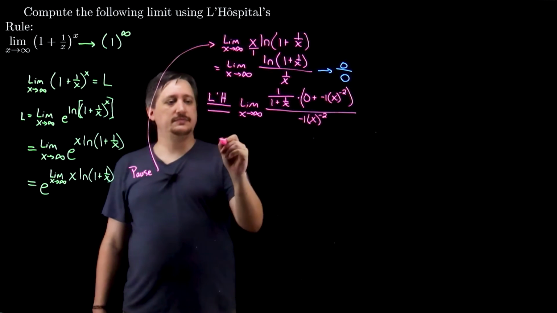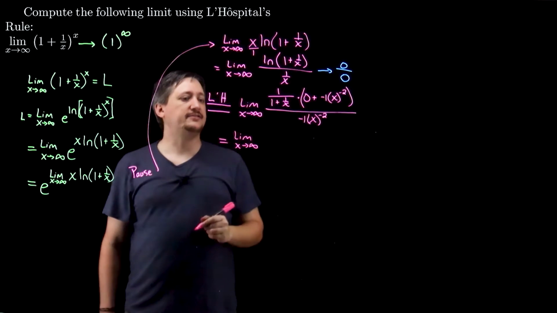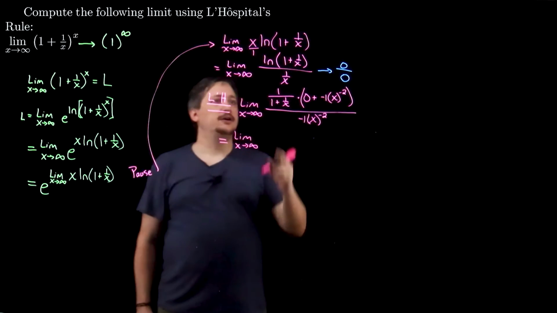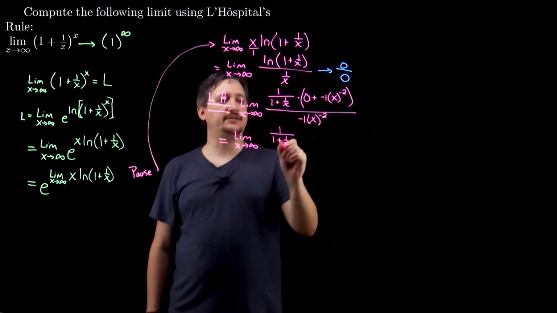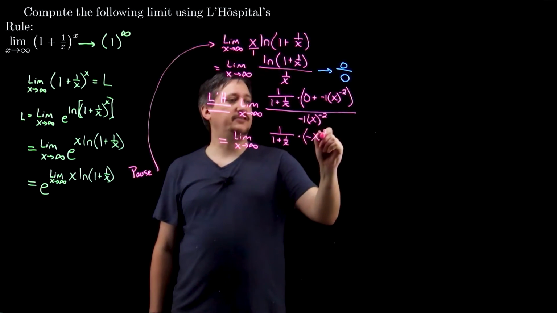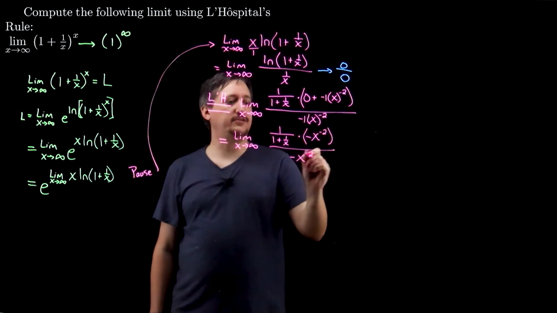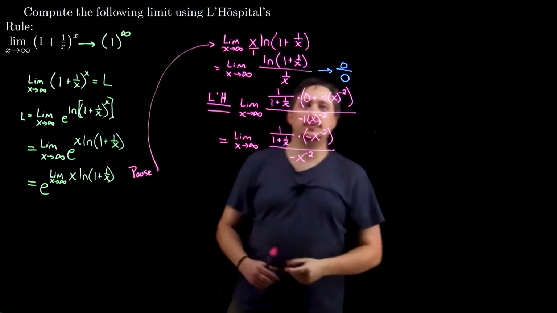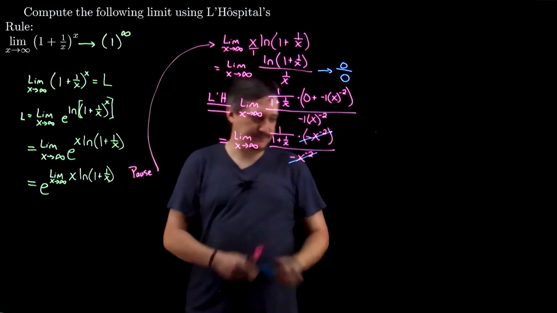So in particular, just cleaning this up a little, limit as x goes to infinity, I'm going to have 1 over 1 plus 1 over x times negative x to the minus 2 over negative x to the minus 2, which is nice because this and this cancel.